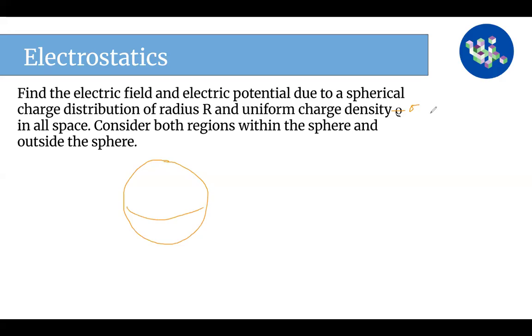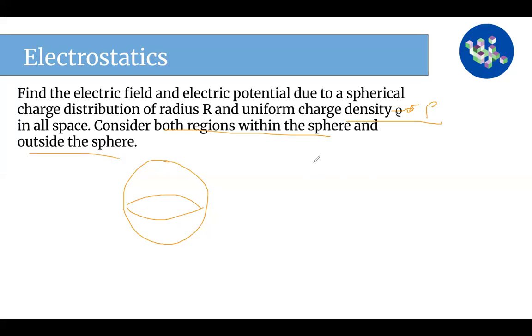And remember, it has uniform charge density, or I'll call it rho. It has uniform charge density rho in all of space. So inside the sphere has uniform charge density rho, and we want to find the electric field and electric potential everywhere in space. Remember, consider both regions within the sphere and outside the sphere.